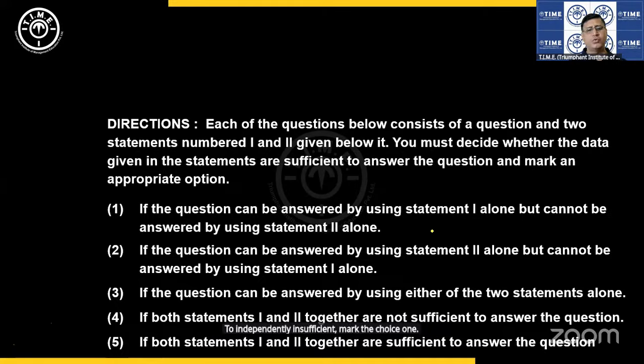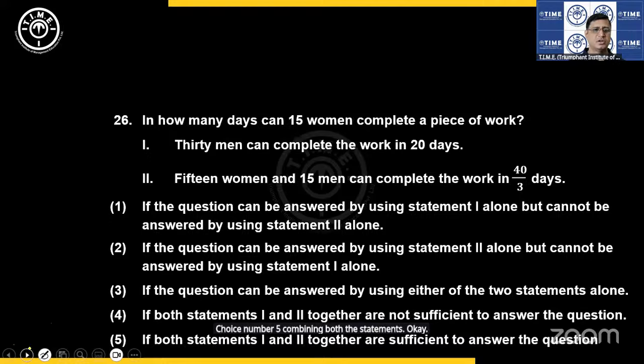Mark choice 2 when 2 alone is sufficient, 1 independently insufficient. Mark choice 3 when it is possible to answer with either of the statements. Mark choice 4 when both the statements are not sufficient individually and combining together, meaning some more information is required to answer. Choice number 5 is combining both the statements. Now using this, look at the example.